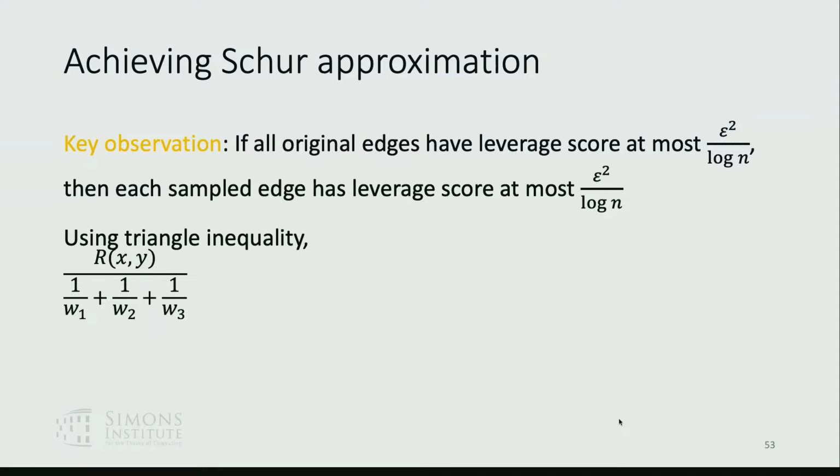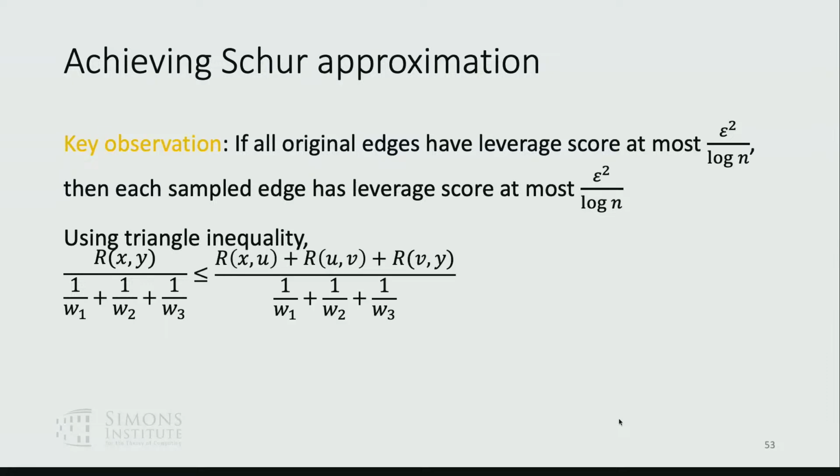This is weight times the effective resistance. This is the leverage score of the edge I'm adding. I want to show this is small. I'm going to start with the triangle inequality, applying it to the effective resistance all over the path. So I get the resistance from x to u, u to v, v to y. This was the walk that gave me the edge xy.